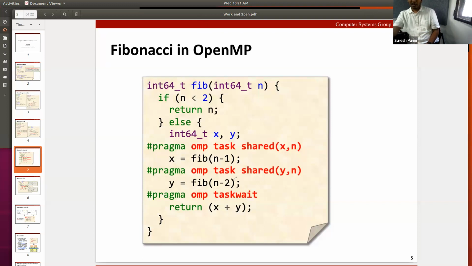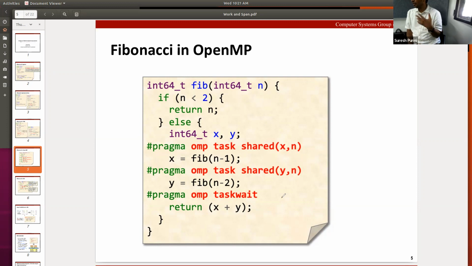Then another task T2 will be spawned and Fibonacci of n-2 will be computed by that task. Then taskwait is a synchronization barrier, because you can only compute x plus y after both Fibonacci of n-1 and n-2 are computed. So we use this as a barrier. So this is how it works if you do it using OpenMP task parallelism.